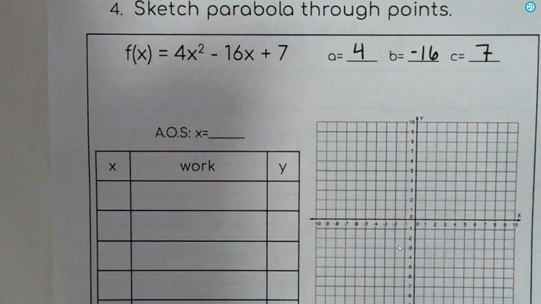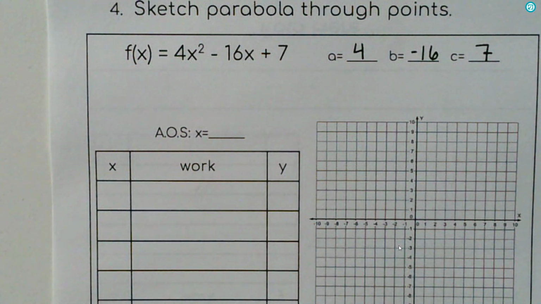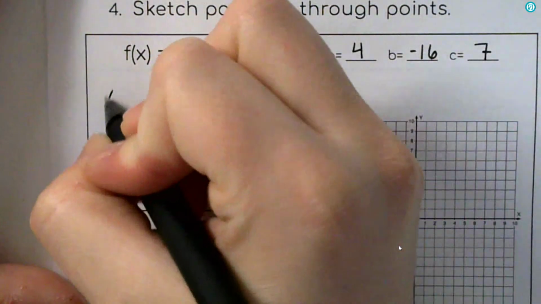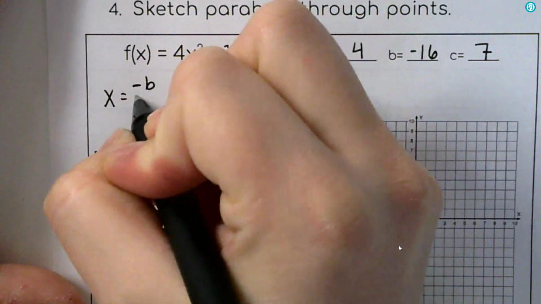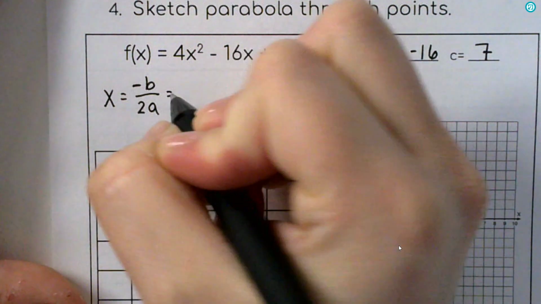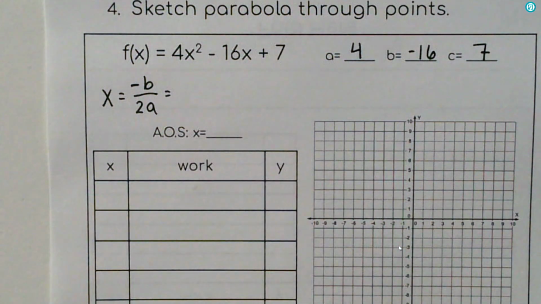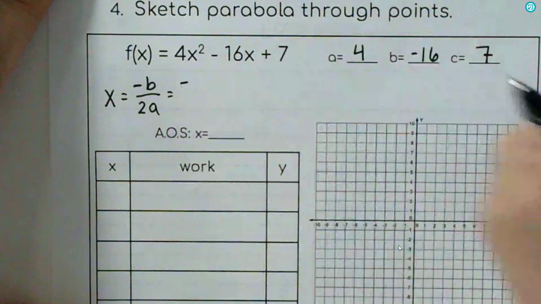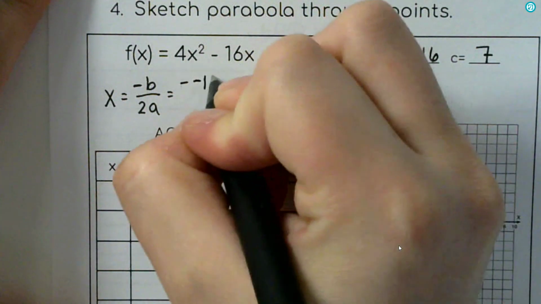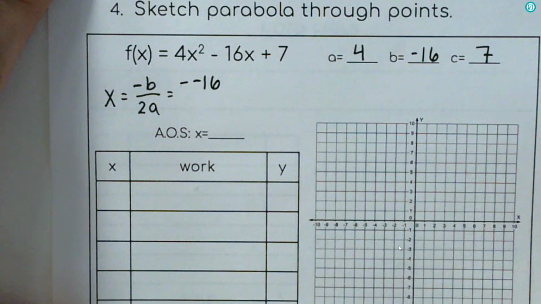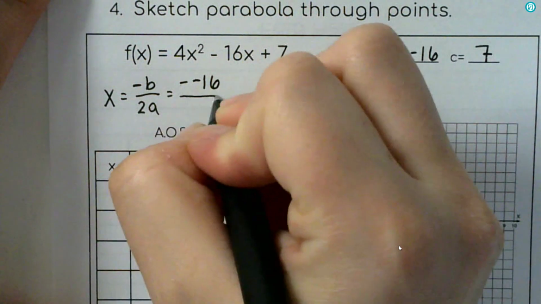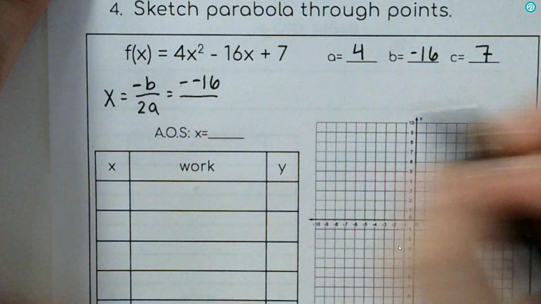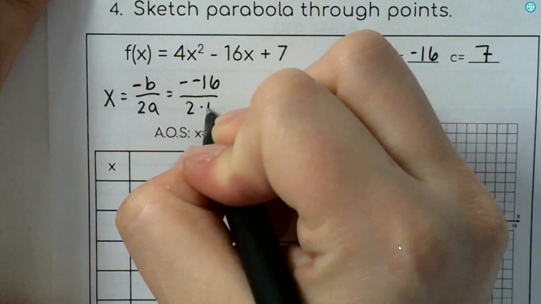My equation to find axis of symmetry is always the exact same. So I do x equals negative b over 2a. This is a problem where my b value is negative, so I'm going to end up with a double negative. I've got the negative from the equation, and my b value is negative 16, so I've got negative 16 over 2 times 4.